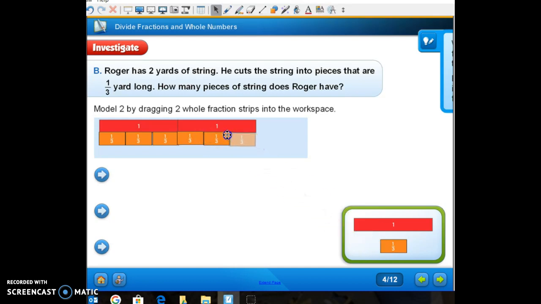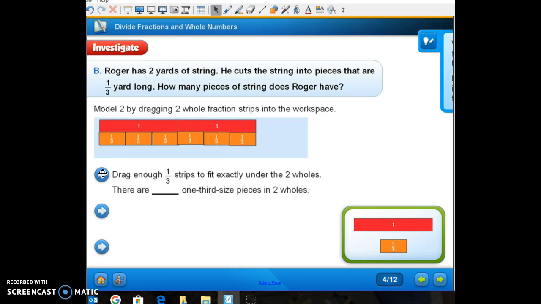Okay, now we have our 1/3 pieces under there. It says drag enough 1/3 strips to fit exactly in the 2 holes. There are blank 1/3 size pieces in 2 holes. How many? 6. Record and check the quotient. 2 divided by 1/3 is 6.